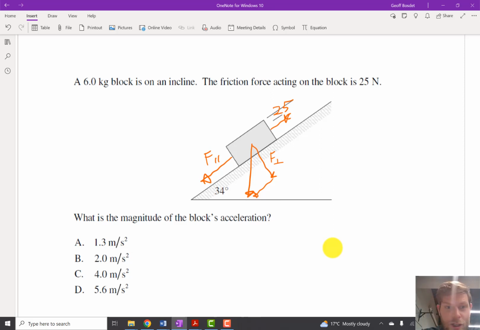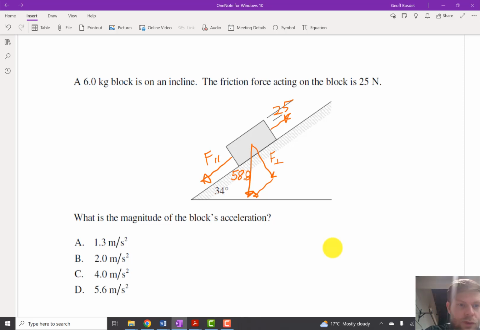So anyway, it's a 6 kilogram block. 6 times 9.8 would be 58.8.